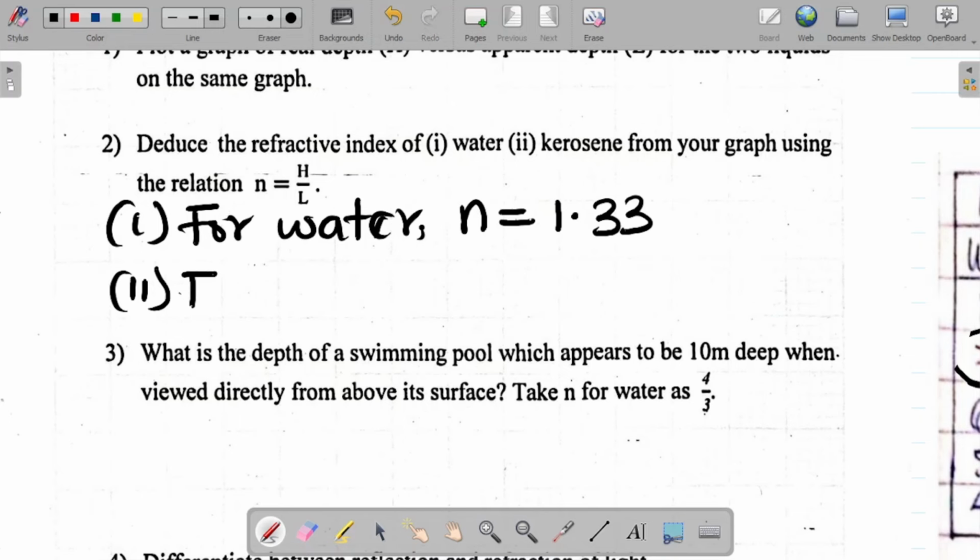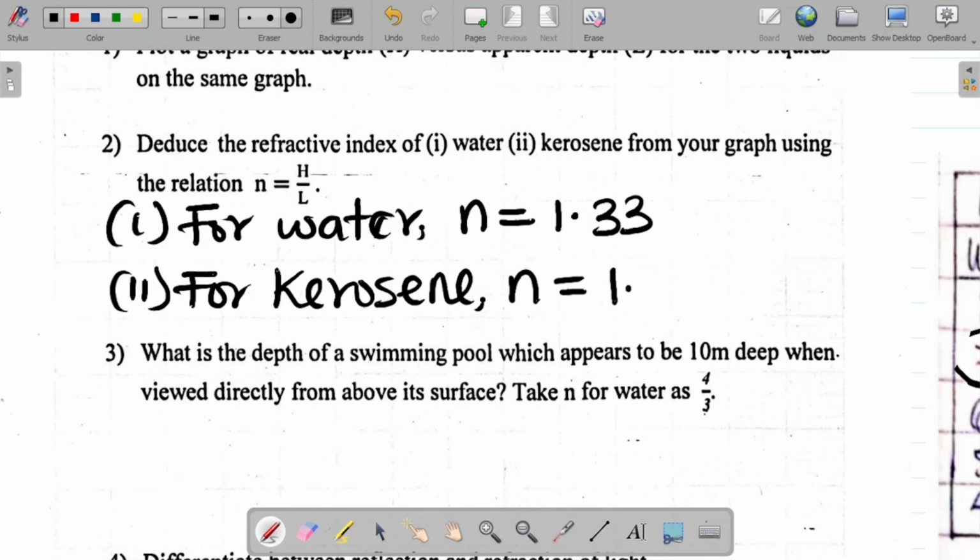For kerosene, you have that N is equal to 1.25 in two decimal places. So you have this. Question 2 is answered.